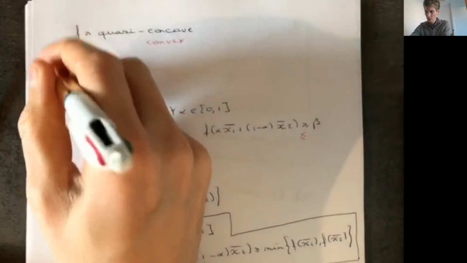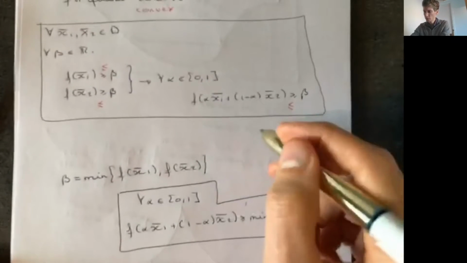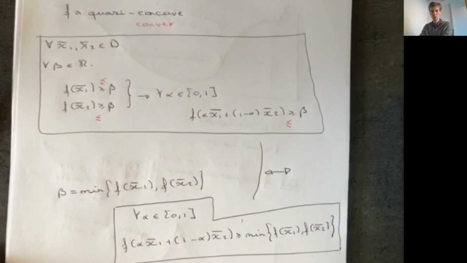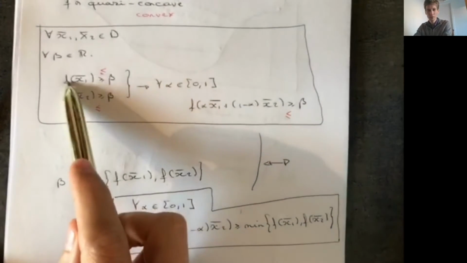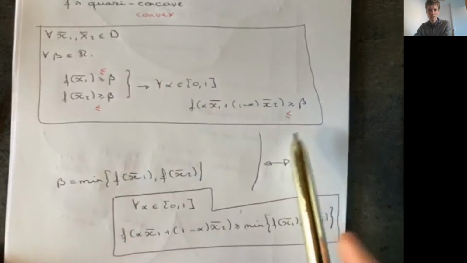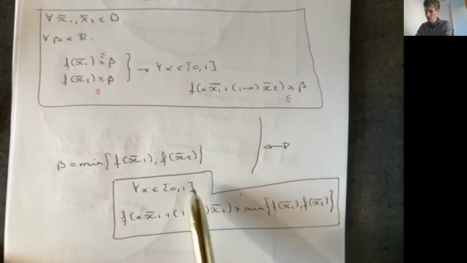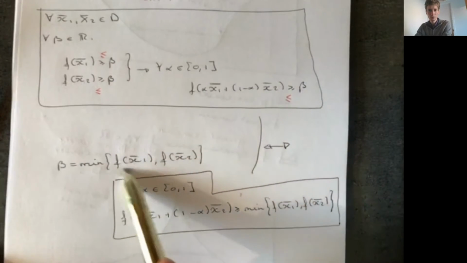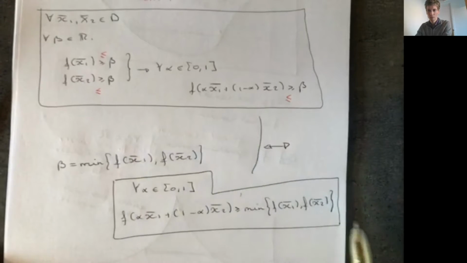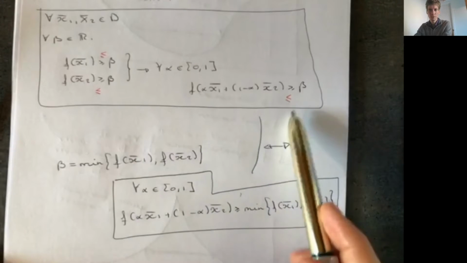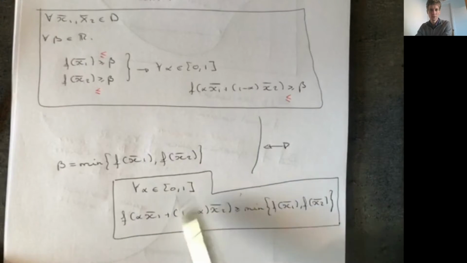Okay, and in fact you can show that this definition here and this definition here are identical. Okay, so how can you see this? Well, let's take f of x1 greater or equal to beta, f of x2 greater or equal to beta. Then I know that beta is lower or equal to the minimum of these two. So beta is lower or equal to this, and this is lower or equal to this, so beta will be lower or equal to this here too, right?